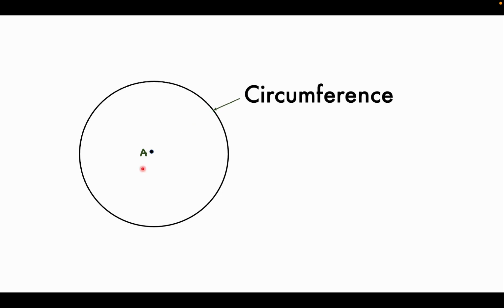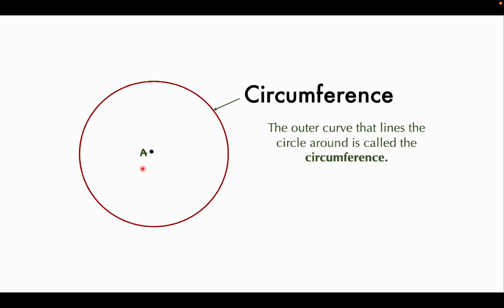Next, we now have what we call the circumference. I'm sure you already know this, but the circumference is the outer curve that lines the circle around. Okay? Kung makikita nyo, naging pula yung paligid ng circle natin.